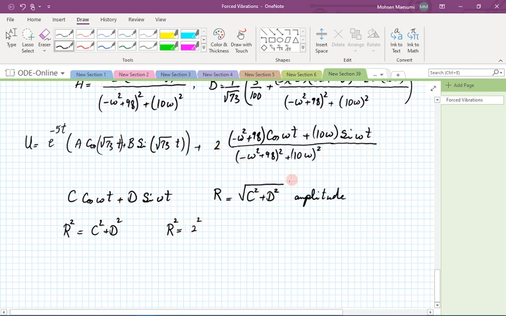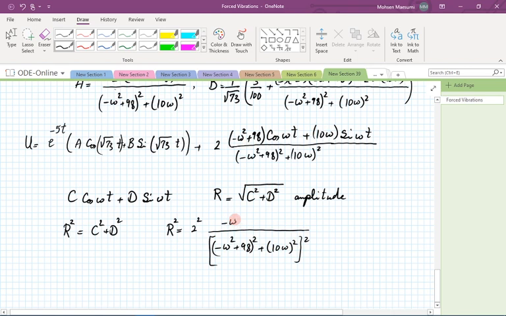There's this common denominator, and we still are going to do one more square. So this whole thing is going to be squared.